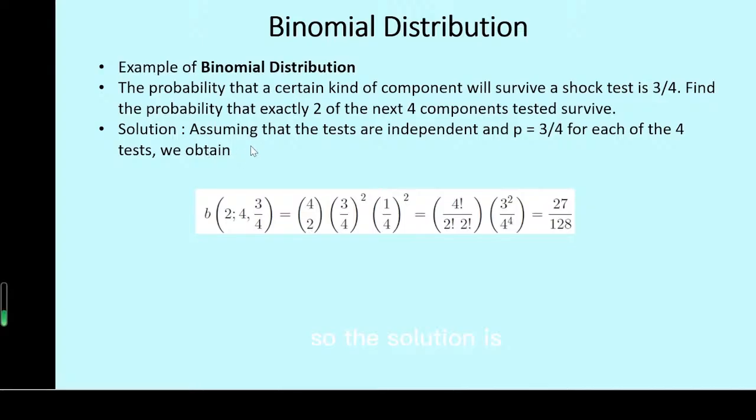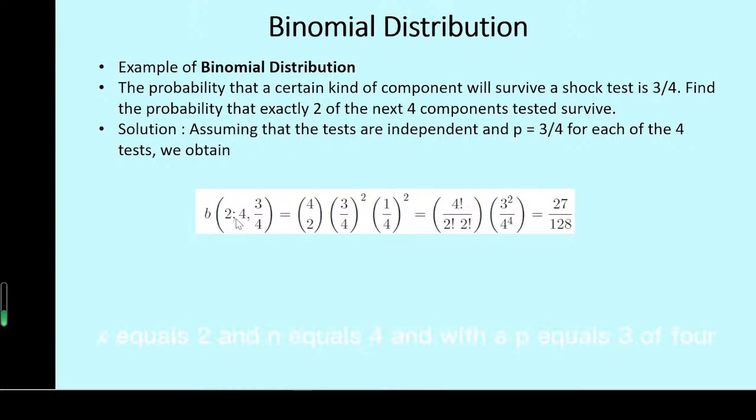The solution: if we assume the tests are independent, this will be a Bernoulli process, and the probability for each trial is 3/4. There are 4 tests in total, and we calculate the binomial probability of X equals 2, because we want exactly 2 here.